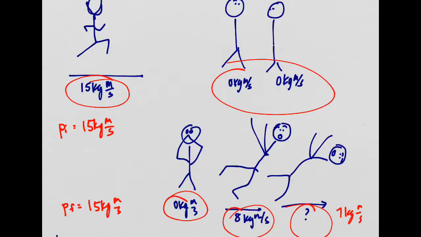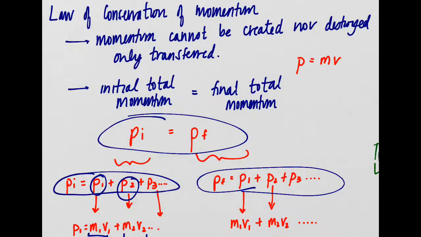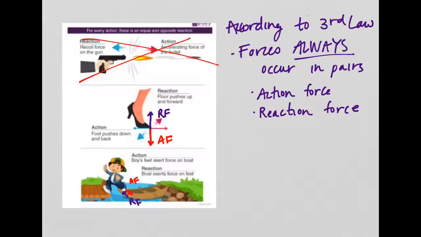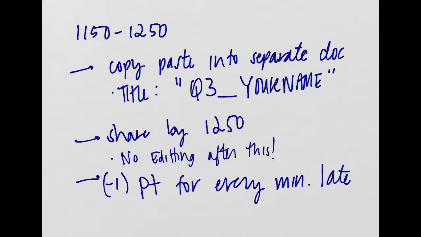Your quiz will be on Friday. Don't forget these things that I asked you so kindly to adhere by. I erased them. I will send you the quiz at 11:50, and you will copy and paste this quiz into a separate Google document.